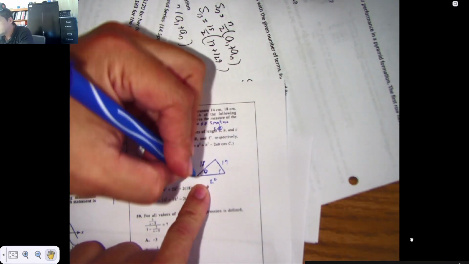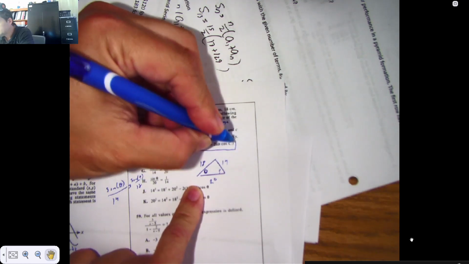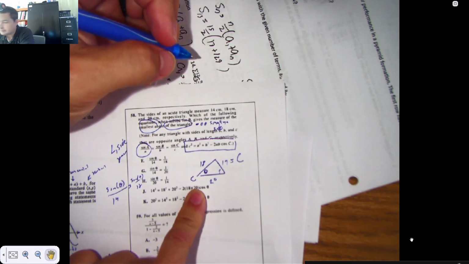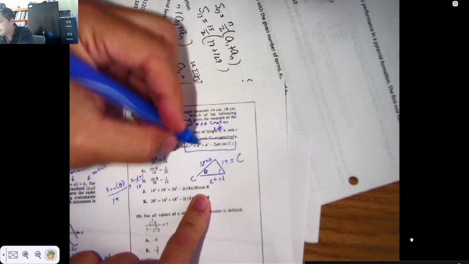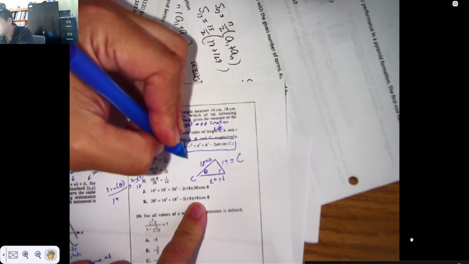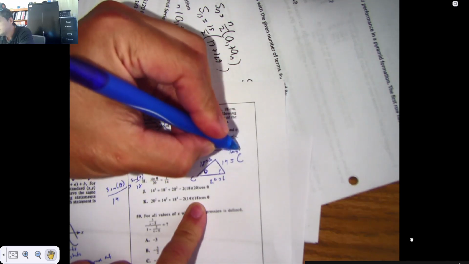So in law of cosines, they've got it right here. We would call this little c, and this would be big C. And the other guys would be A and B, and it doesn't matter which one's which. But we just plug in. So this is a side, by the way. That's an angle because it's an argument of cosine.